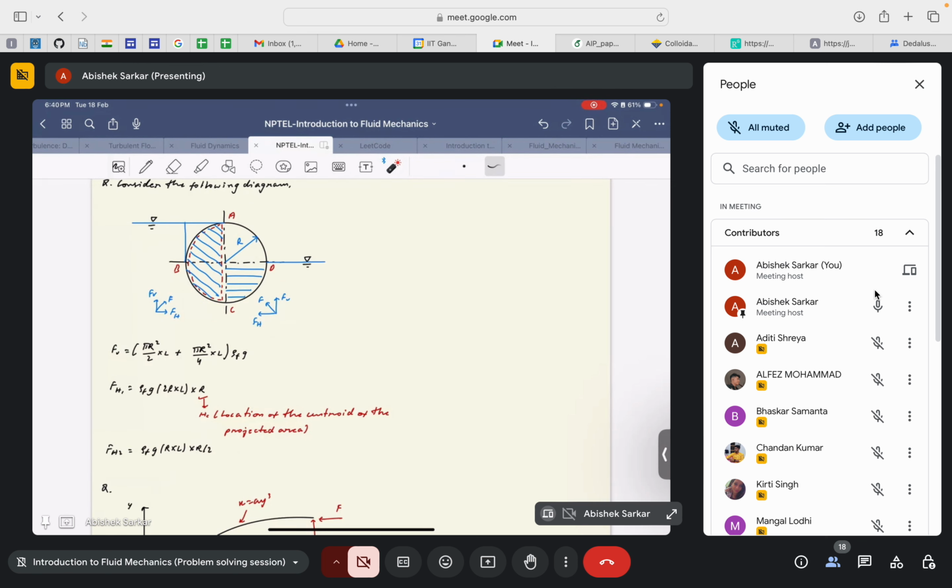Again, the horizontal component of the force is the pressure force that acts on the projected area of this curved surface.